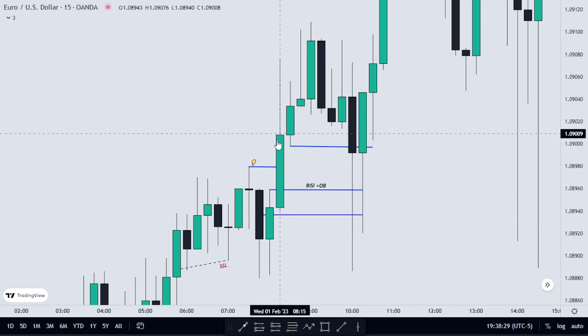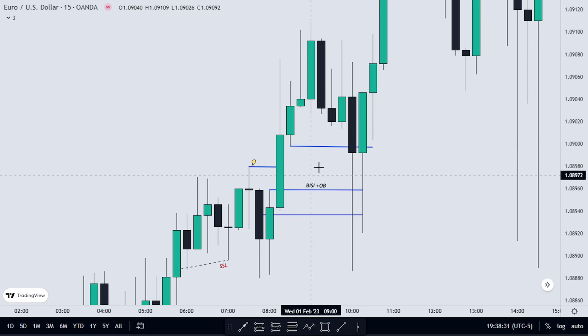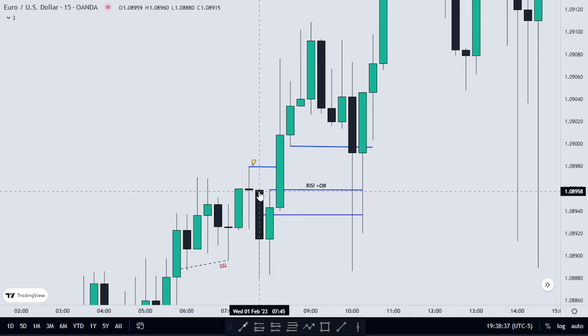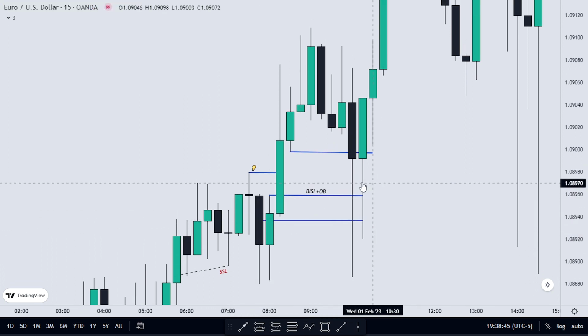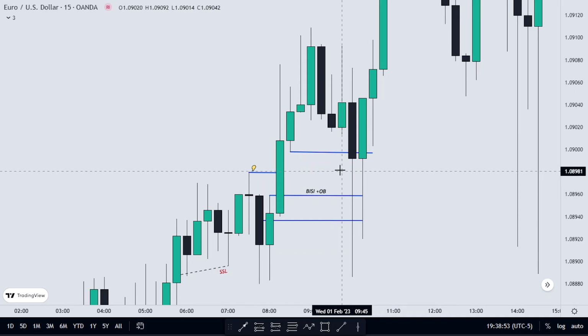So after shifting market structure above this, I was interested in this area, the BC or the fair value gap. I also was interested in the opening of this bullish order block, and then the main threshold of this bullish order block. So when price came here, I was looking at my news calendar and I realized that there was a high impact news right at 10 a.m.